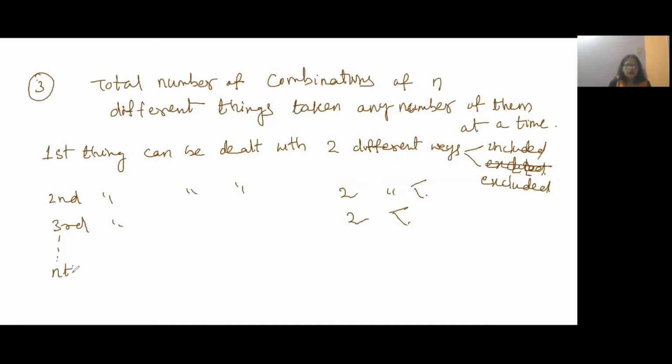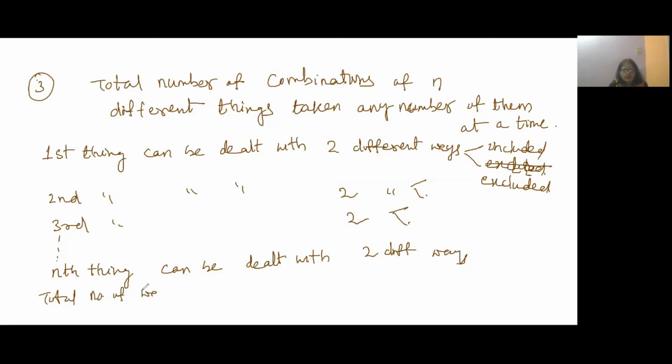The nth object can be dealt with, again, in two different ways, either included or excluded. The total number of ways these n objects will be selected.